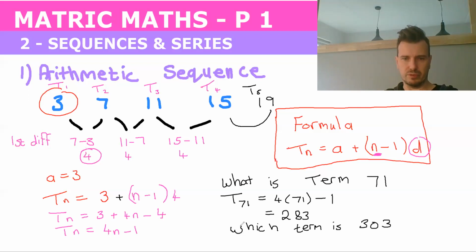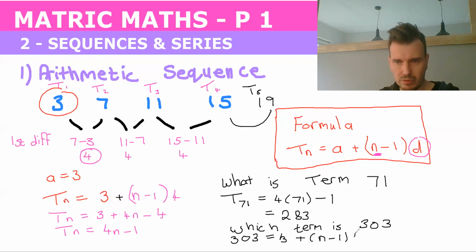And so then what you do is you substitute 303 into Tn. 303 equals 3 plus n minus 1 d. So now you want to figure out which n, and d is 4.